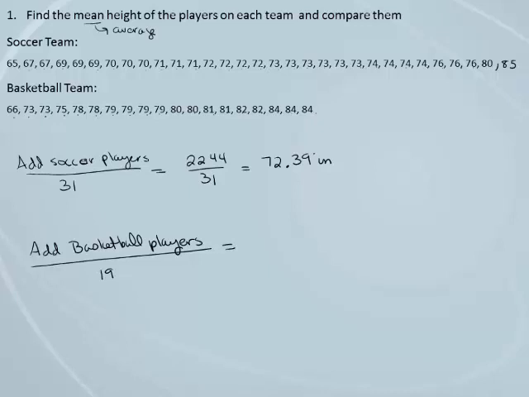Okay. When I add the basketball players' heights together, I get 1497, and I divide that by 19, which gives me an average height of 78.79 inches. Now, based off of our average height, I can say that yes, my initial assumption that the average basketball player is taller than the average soccer player is true.